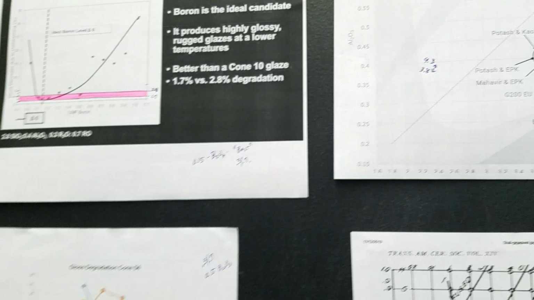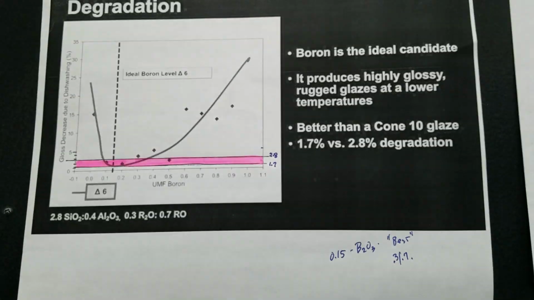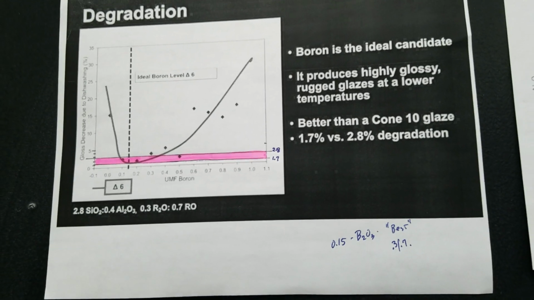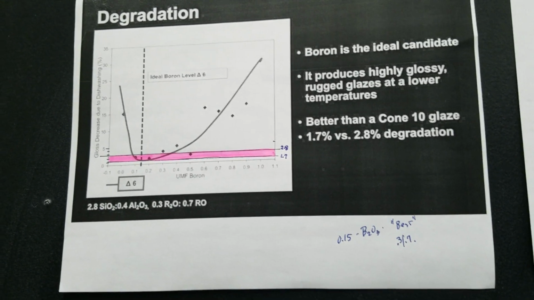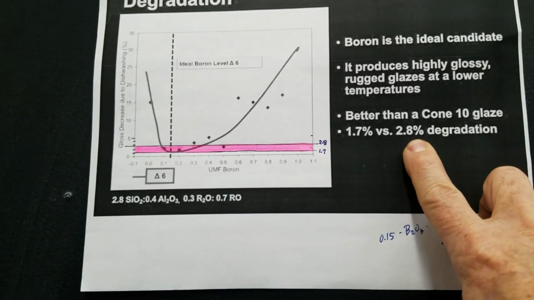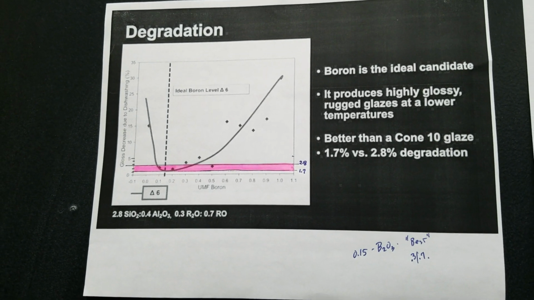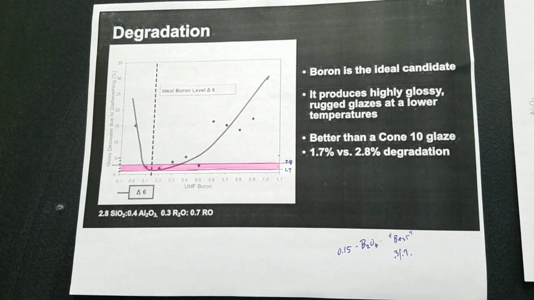Okay? And then they like to talk about 0.5 boron. Well, this is from a paper Matt Katz did at Silica, and so he's saying that 0.28 degradation in a dishwasher at 60 cycles is acceptable at cone 10.